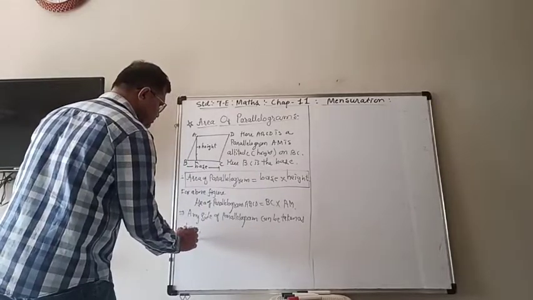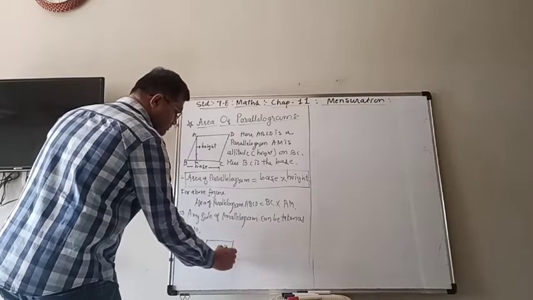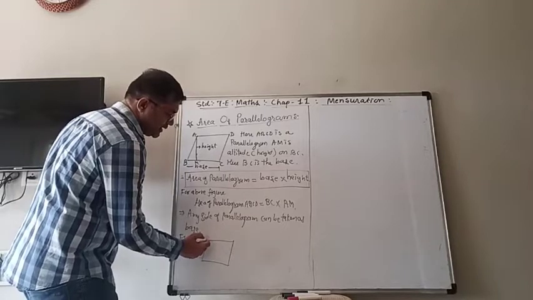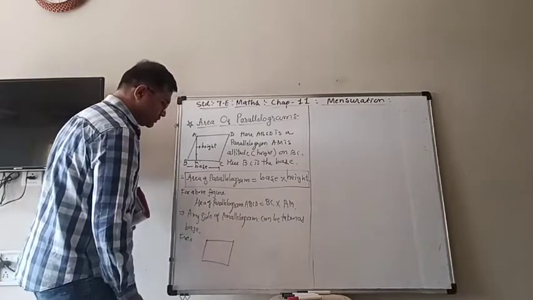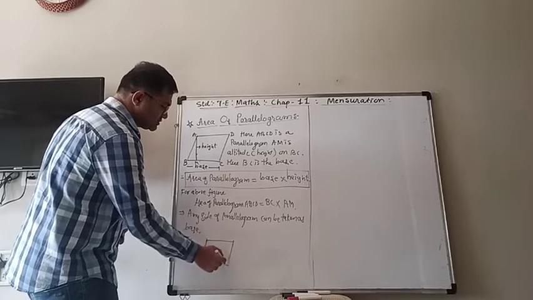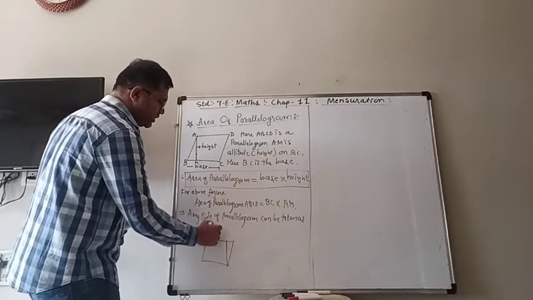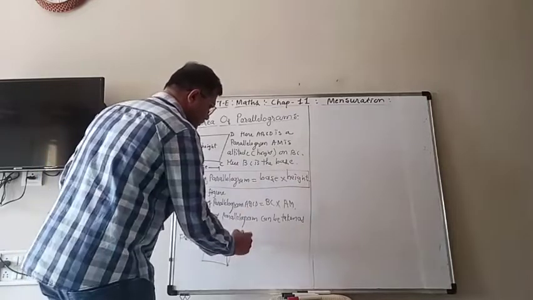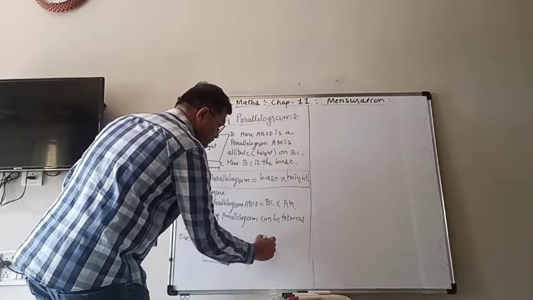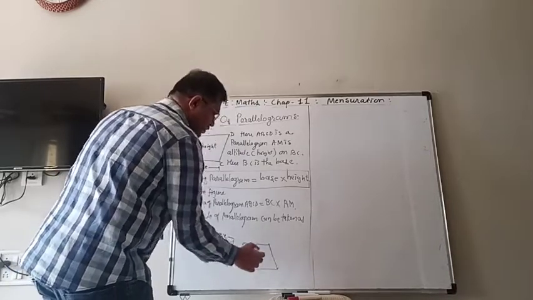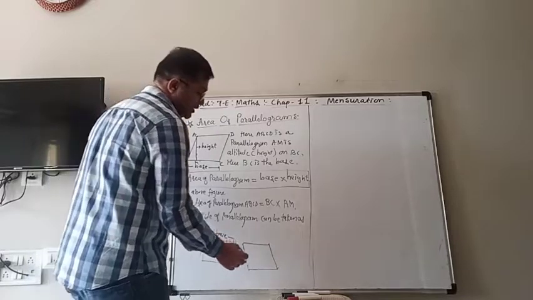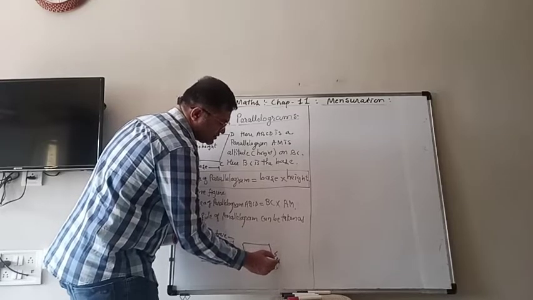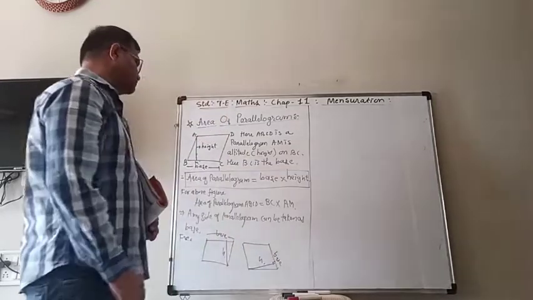For example, you can take it like that also. If this is a parallelogram, then you can take this one as a base and draw a perpendicular on it. Or you can take that one also as a base, then you can draw the perpendicular. So you can take that one as the base and that as your height.